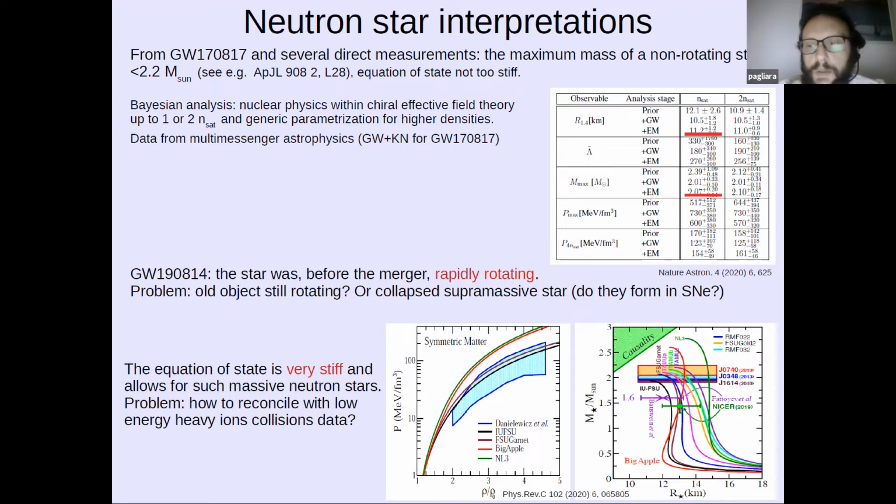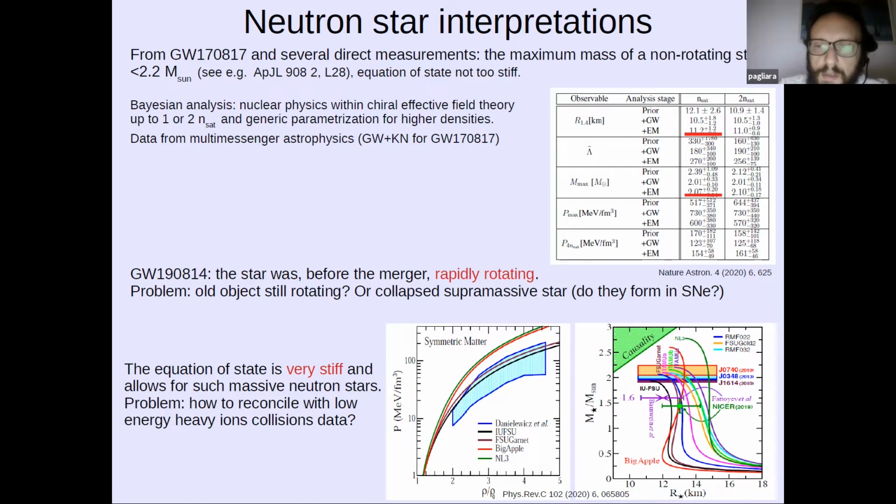The first one is that actually the maximum mass of the stars is of the order of 2.2, and this number is obtained from several direct measurements and several analyses, including also a very recent and interesting Bayesian analysis on GW170817, in which, by including also the constraints coming from the kilonova, it has been inferred that the maximum mass is of the order of 2.1 solar masses, and the radius of the 1.4 solar mass configuration is small, actually of the order of 11 kilometers.